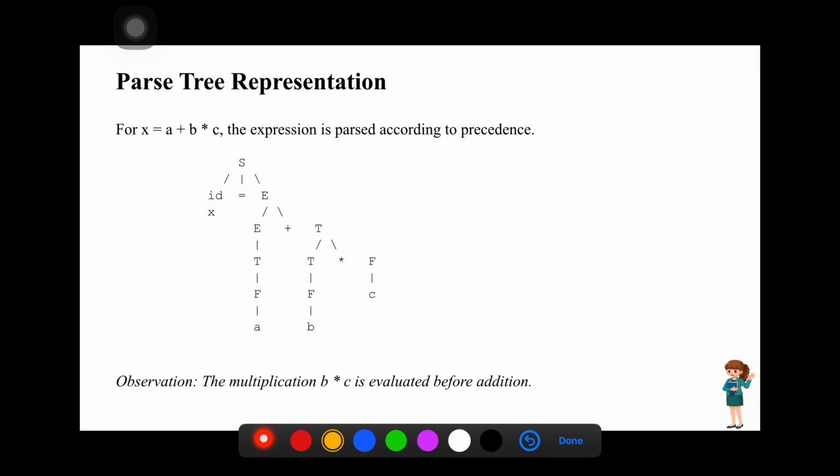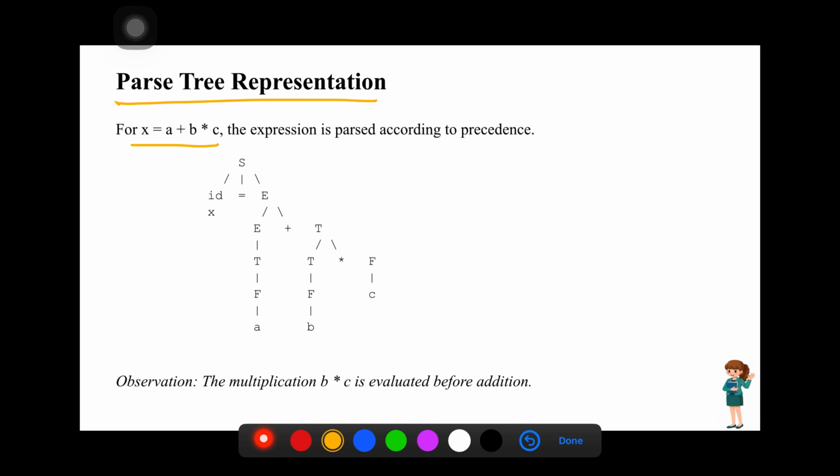Parse tree representation. This slide shows the parse tree for X equals A plus B into C. The parse tree represents the syntactic structure of the statement. Notice the multiplication operation is deeper in the tree than the addition operation.